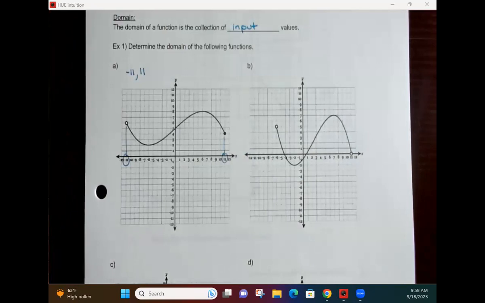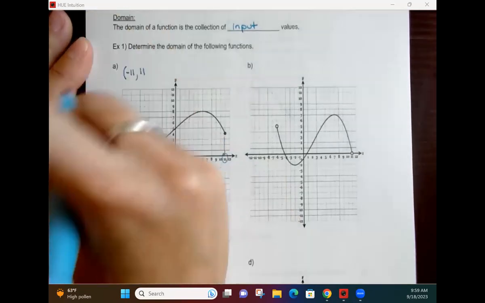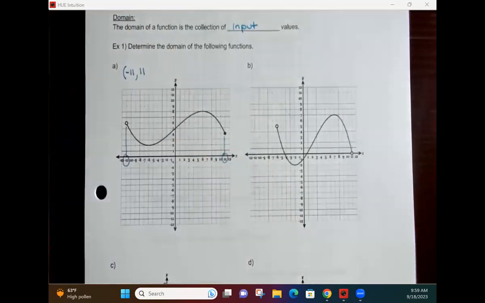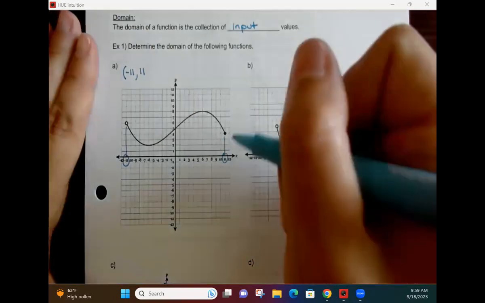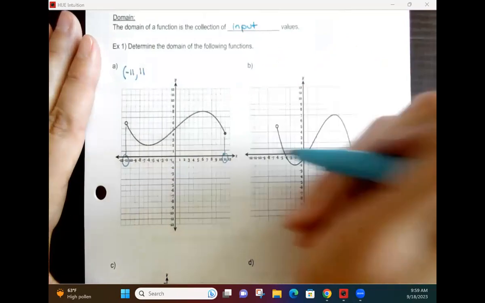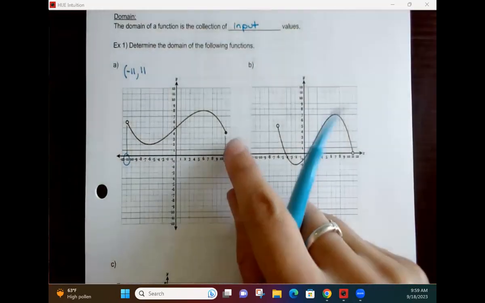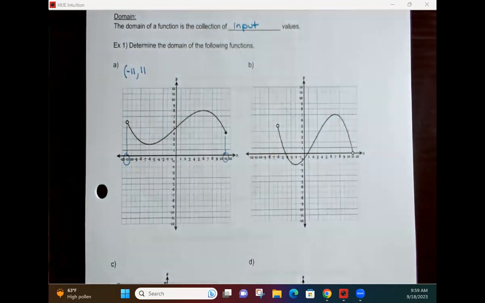No. So we're going to talk about two types of notation today. For what's called interval notation, that means we would use a parenthesis here. That parenthesis means we get so close to -11, but -11 itself is not allowed. Okay. On the right end of our function, the greatest x value that we can have is +11. And then do we see how we have a closed circle or a filled in circle at +11?